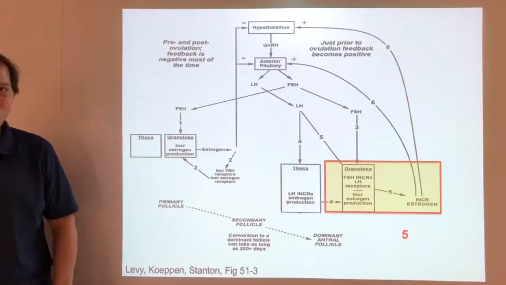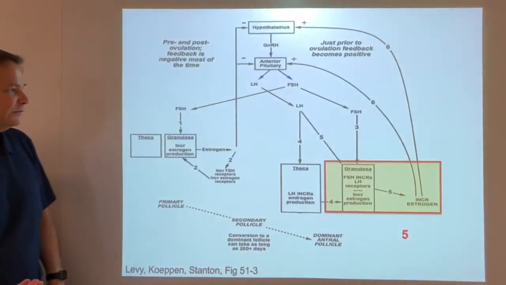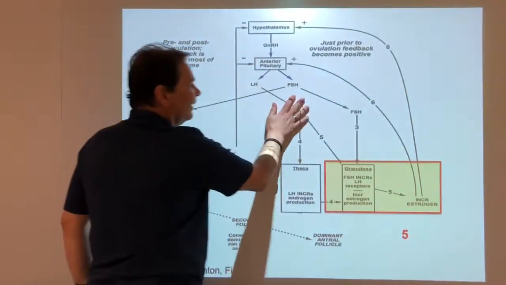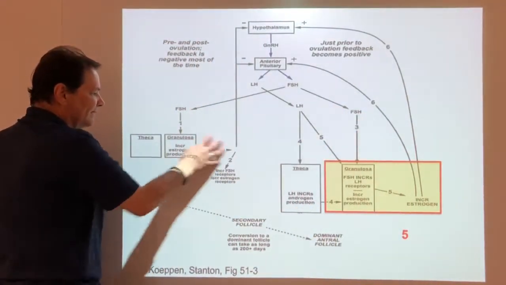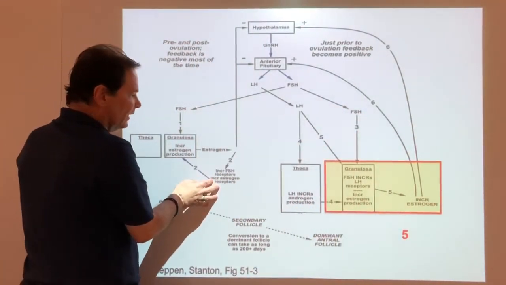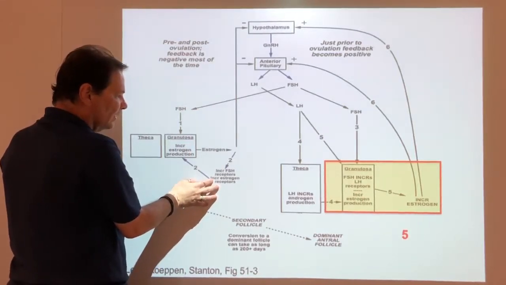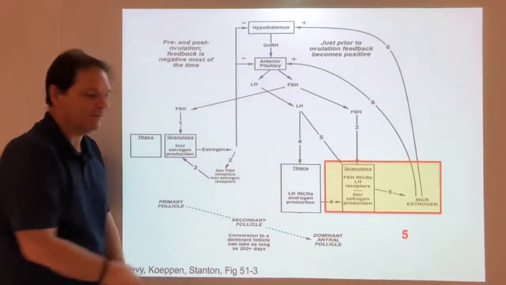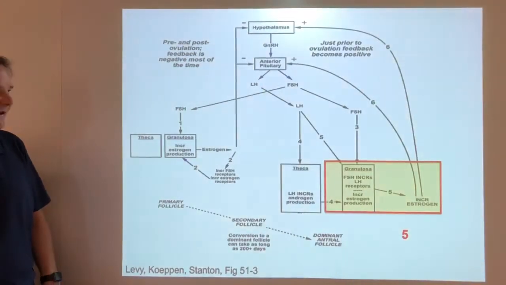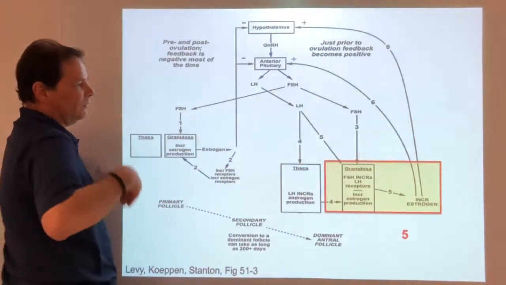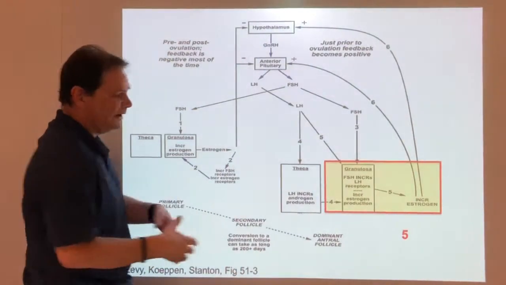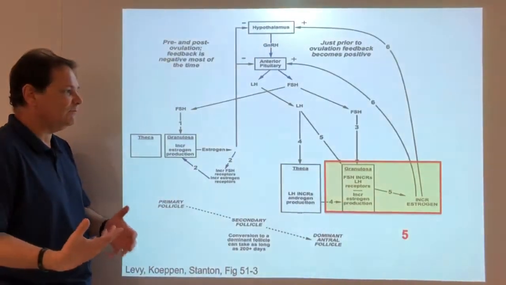And so we have more and more estrogen being produced under the influence of LH and FSH here, as we have many, many granulosa cells that are proliferating here and increasing the potential to make estrogen. So our follicular cells are proliferating, we're increasing the estrogen, and we're increasing the potential to make even more estrogen.